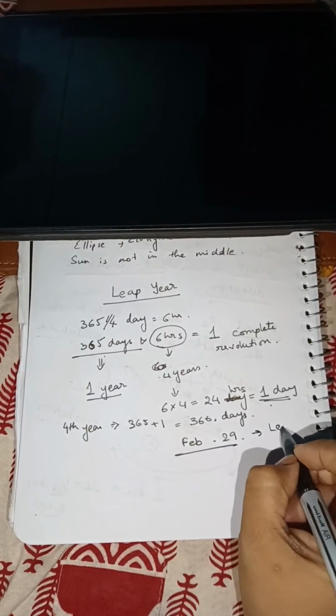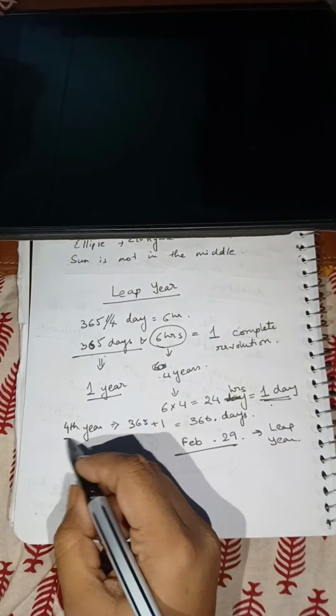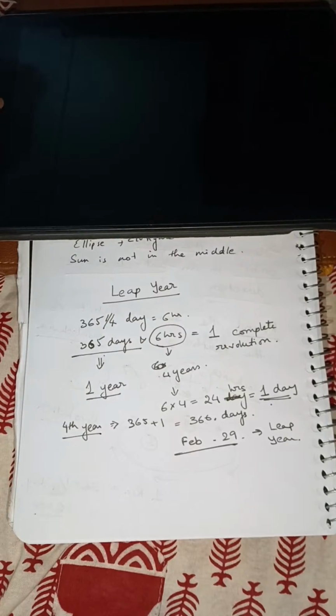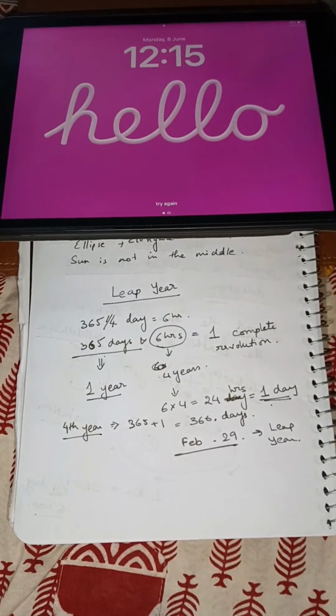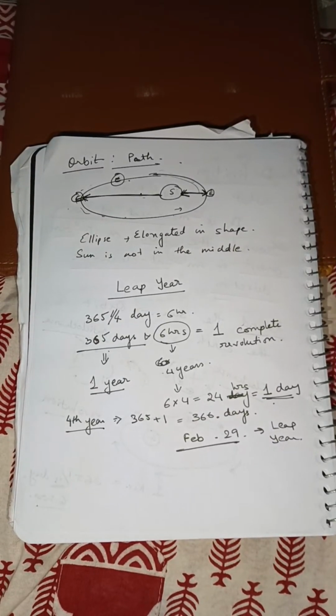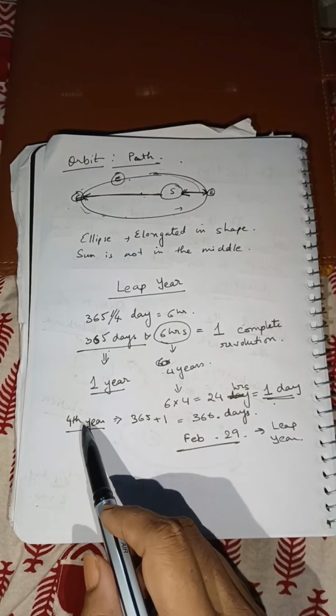This is what we call a leap year, and this is the reason why a leap year comes every 4 years.